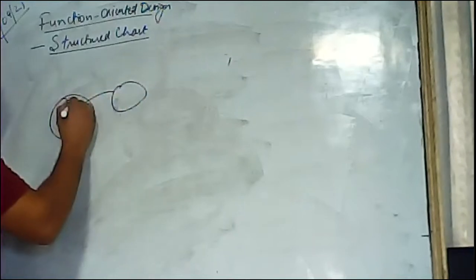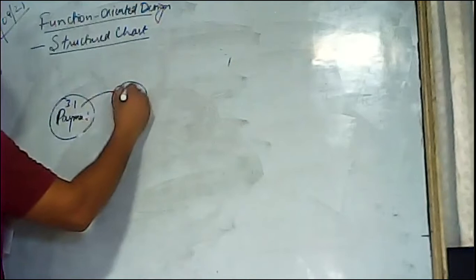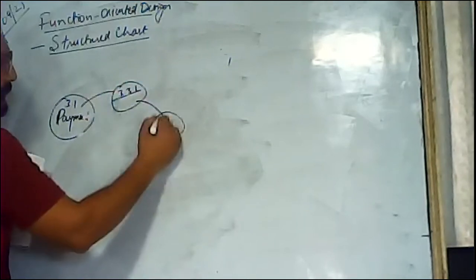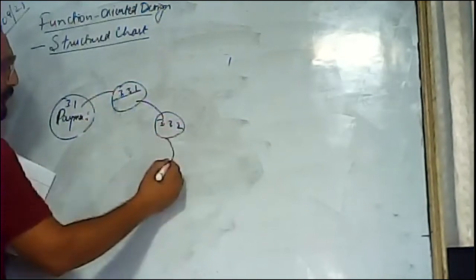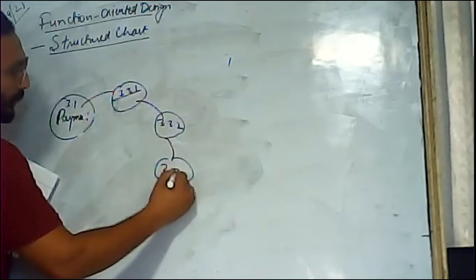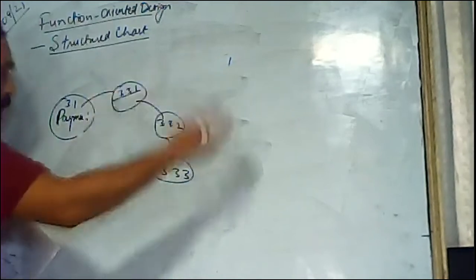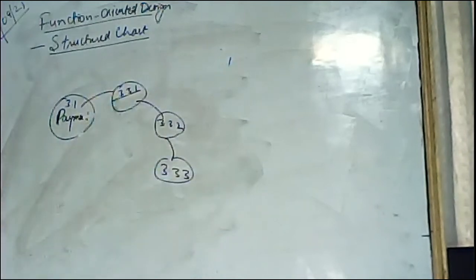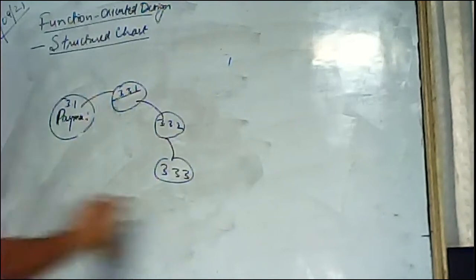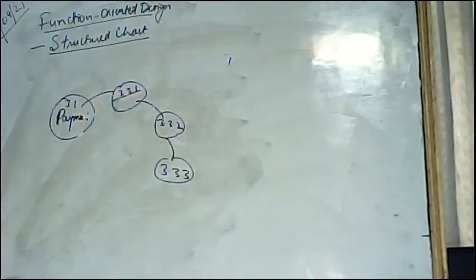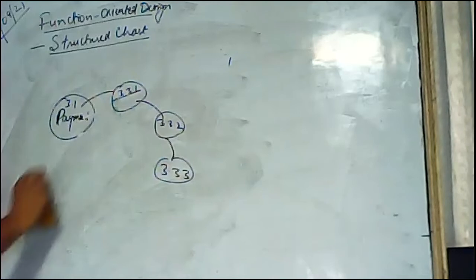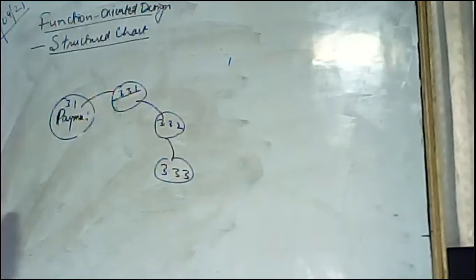If it is 3.1, this can be 3.3.1, and further 3.3.2, and further 3.3.3. Up to this it is okay. If we follow further processes, that can be a drawback for us. So we have to go up to this. Clear?